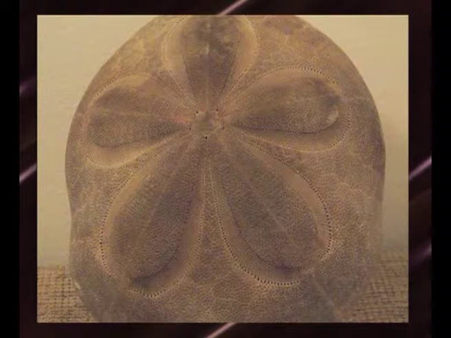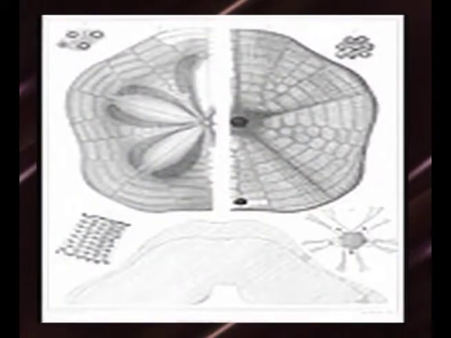Each double column is termed an area. The former abut against the ocular plates, the latter against the genital, and in each case fresh plates are developed next to the apical disc. In each area, the plates alternate on either side, and since their inner ends are angular, the line between the two rows is zigzag.